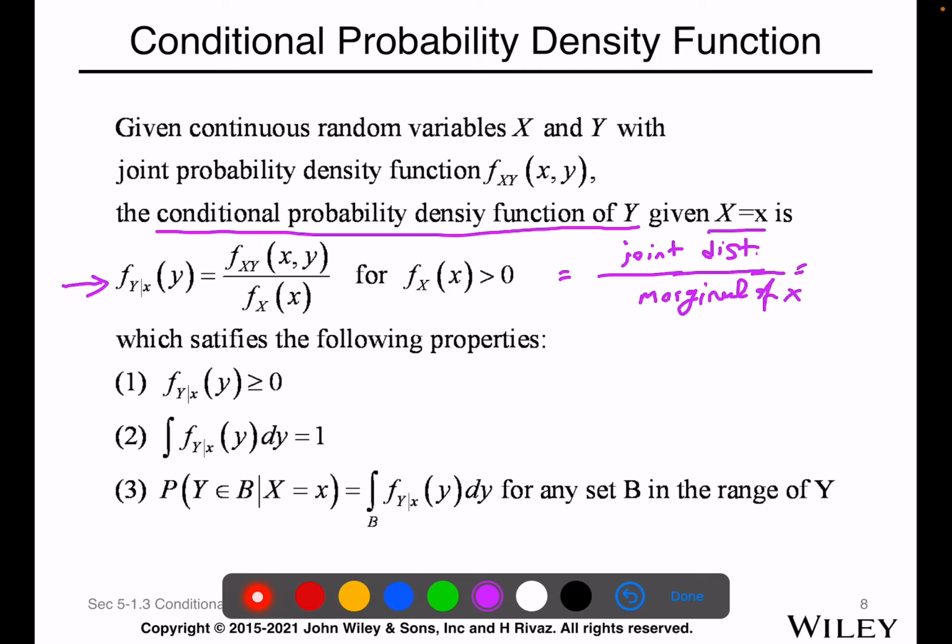This is f of y given x. It's quite similar to the discrete case. Remember, we defined P of A given B as P of A and B divided by P of B. So this has a lot of similarities to that original equation.